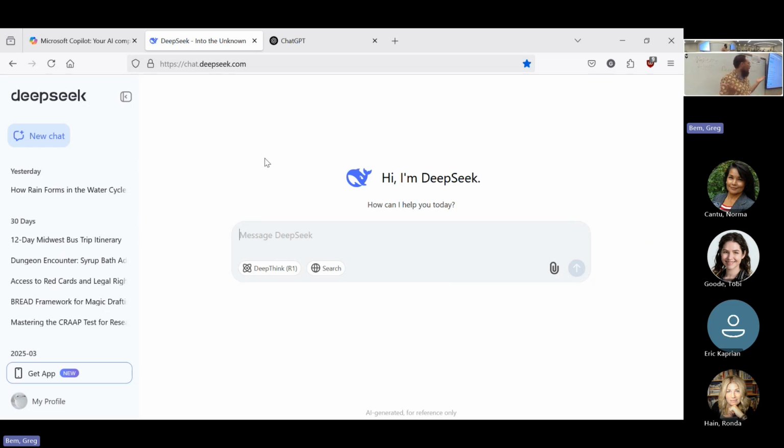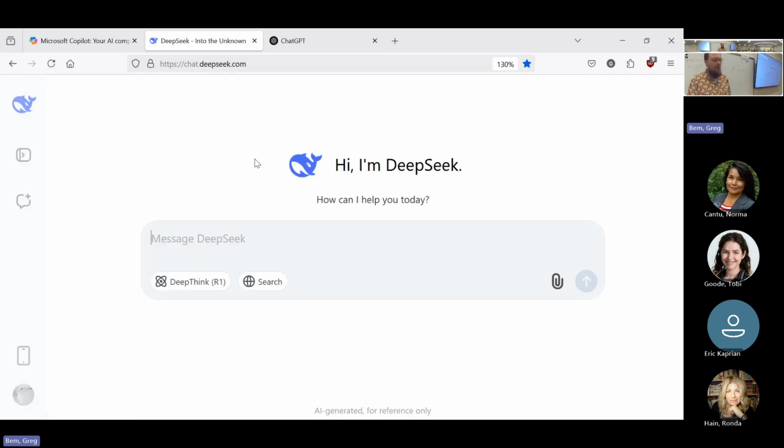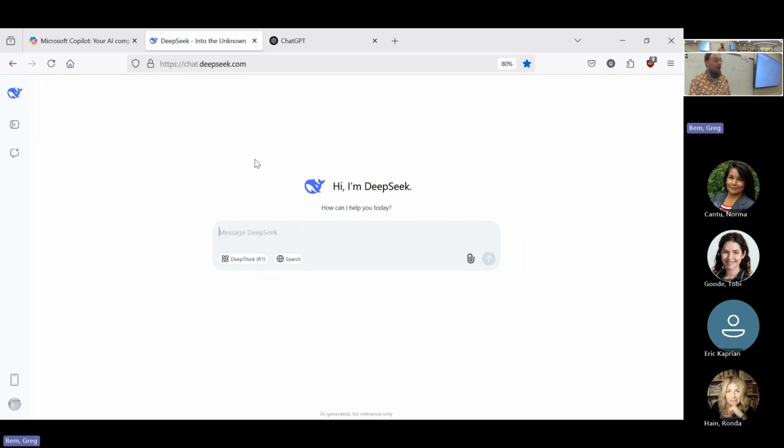So you don't have to worry about that. You do create a free account and then you can start using it. It is open source and developed by a group in China. So this is also very interesting because DeepSeek is the first non-US based Gen AI tool to come out and be popular so far. So I think that's kind of interesting.